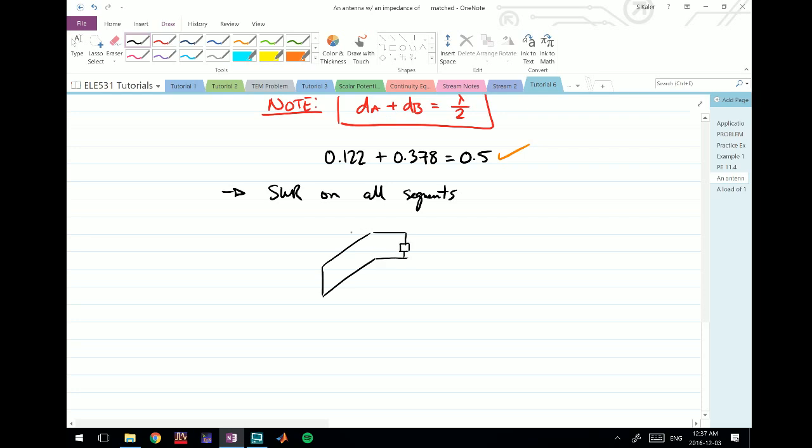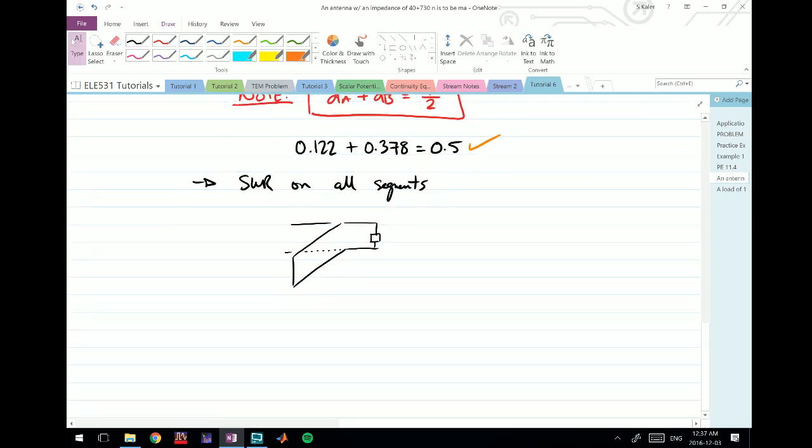And then we're going to have the actual main line itself, and I'll draw it dotted here, just so it looks like it's actually on the other side. So there's 3 SWRs, because there's 3 interfaces, right? So there's going to be an SWR here, there's going to be an SWR here, and there's going to be an SWR here. So we'll call this 1, 2, and 3.